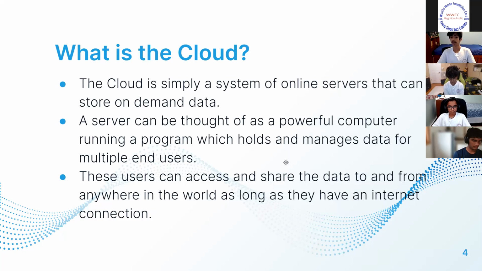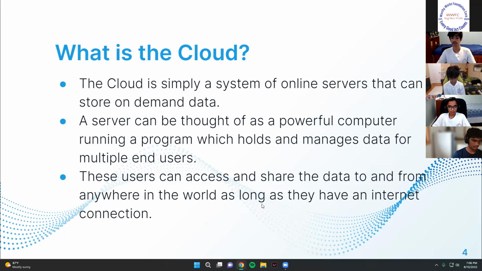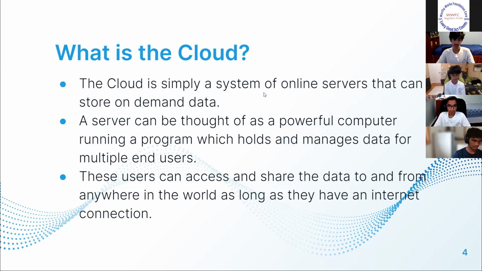And these users have access to and share the data from anywhere in the world as long as they have an internet connection. So a server is like a big machine, and then it's running different programs which help store and manage data efficiently and effectively so that your data is never lost.